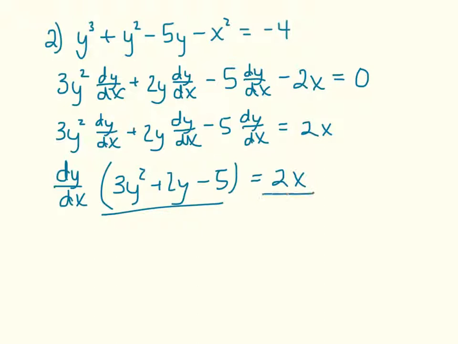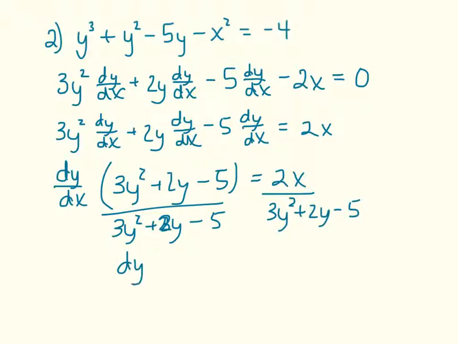So we would divide away 3y squared plus 2y minus 5. So we're left with dy/dx is equal to 2x over 3y squared plus 2y minus 5.